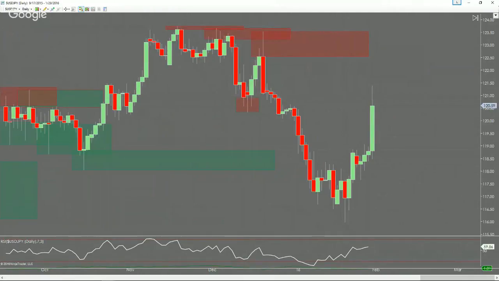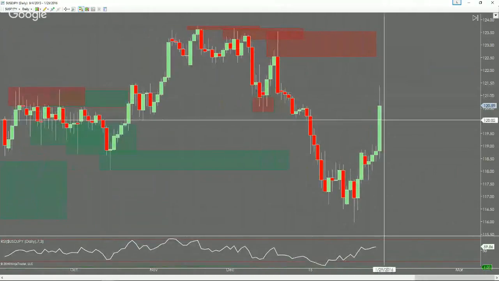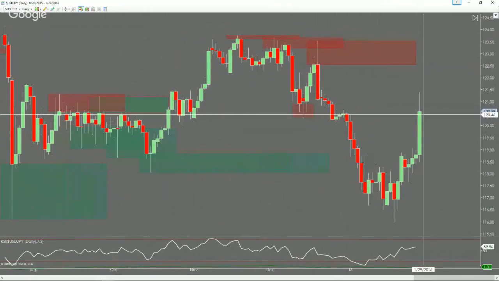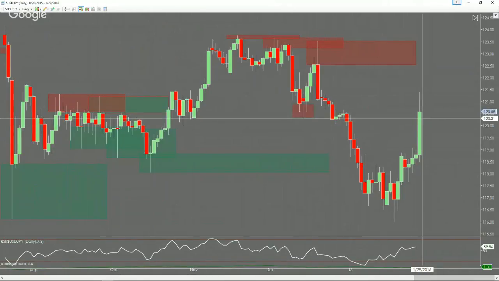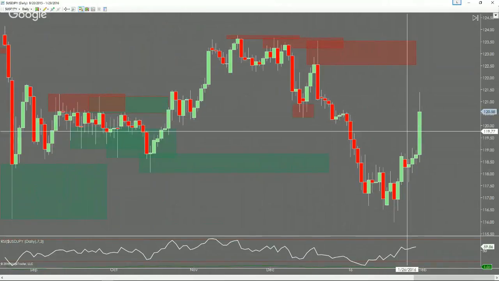And it looks like it is finding that resistance level right there. Now, what I'll be waiting for is a retracement back down and an opportunity to hop on the trend back to the upside.